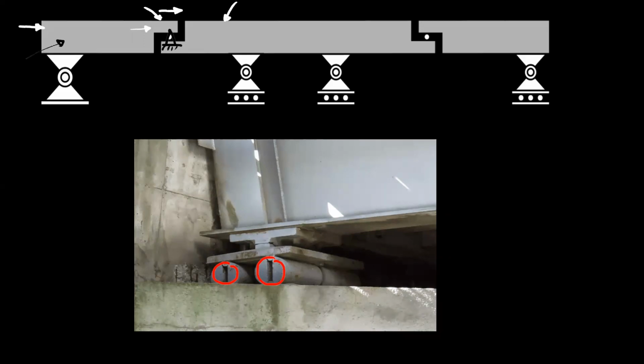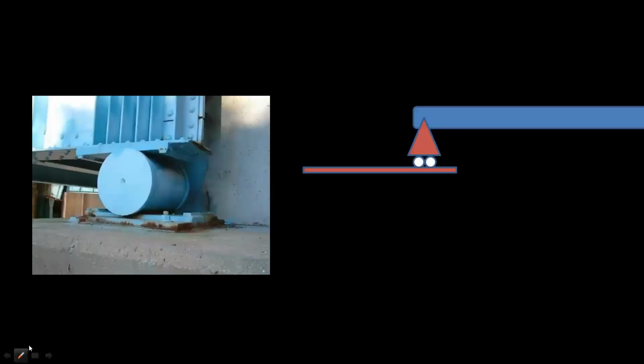So in order to compensate the free expansion, we give the roller support at these joints. So this is the roller support given. So from the calculation point of view, you should remember roller support will have only one reaction in the free body diagram, like this.